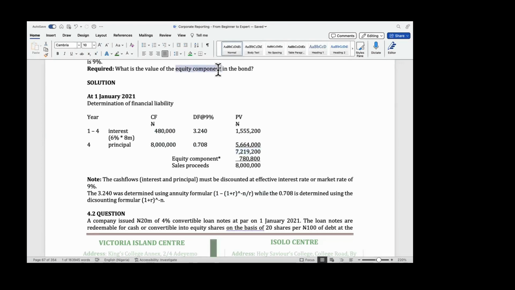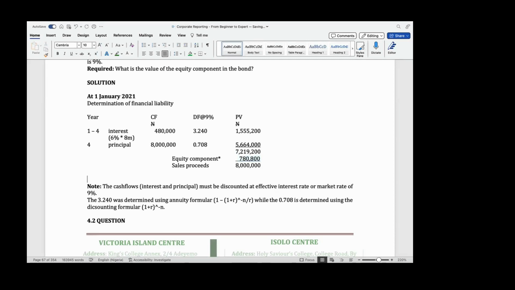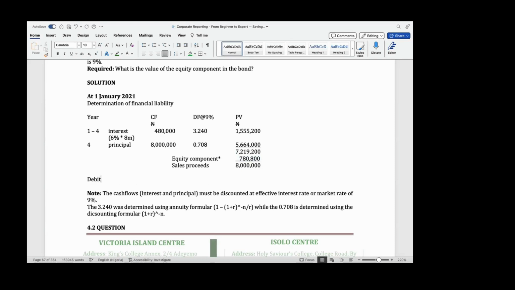The question asks for equity. Equity will just be the balancing figure. By comparing this 7.2 with the total amount you borrowed, which is 8 million, the difference will give us 780,800. So at this date, if he wants to enter this in his books on 1st January 2021, he will simply debit bank with the amount he's collecting, which is 8 million.